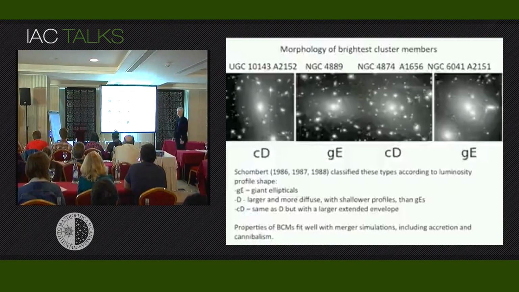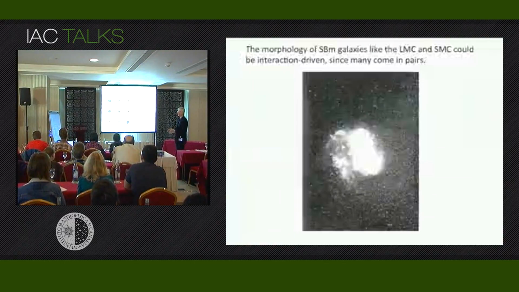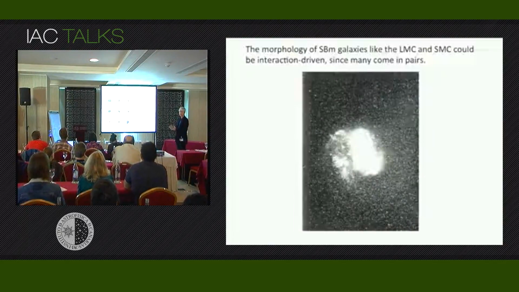But the cD is still important. And when you analyze the properties of these BCMs, they're consistent with merger simulations. And that includes cannibalism, which is interesting, as a means of growing these things and explaining their envelopes.